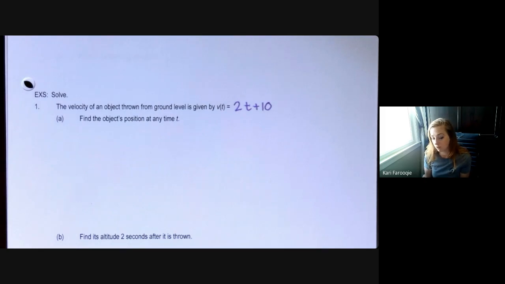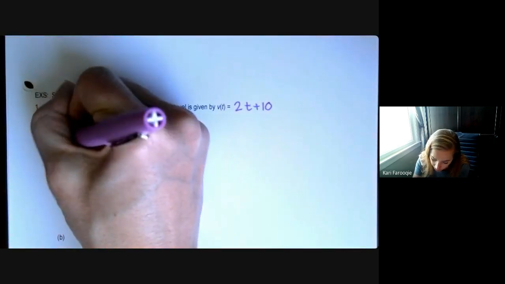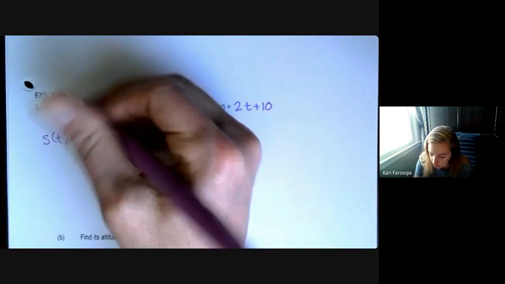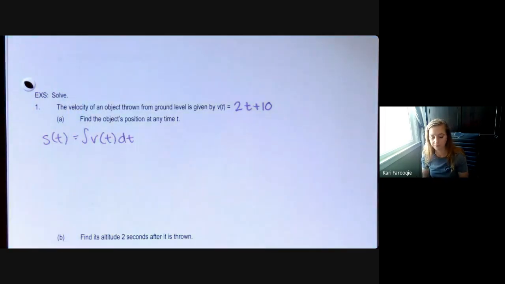the antiderivative. So let's go ahead and say s of t is the antiderivative, or the integral, of v of t. We have a couple different things to do here, but first let's focus on just finding that antiderivative.